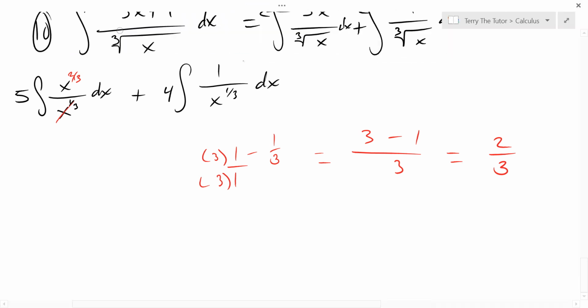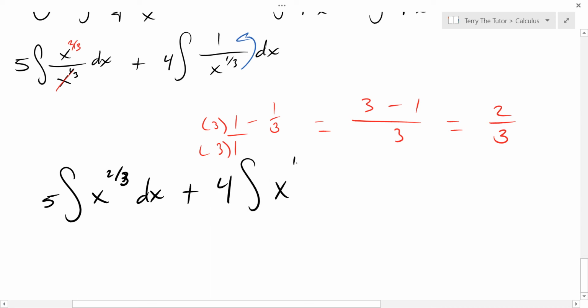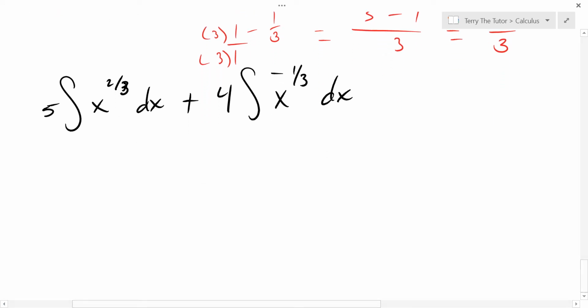Okay, and in this step, let's pull up the x to the 1/3 to the numerator. So what we're left with is 5 integral x to the 2 over 3 dx plus 4 integral of x to the negative 1/3 dx. That's a power rule again.